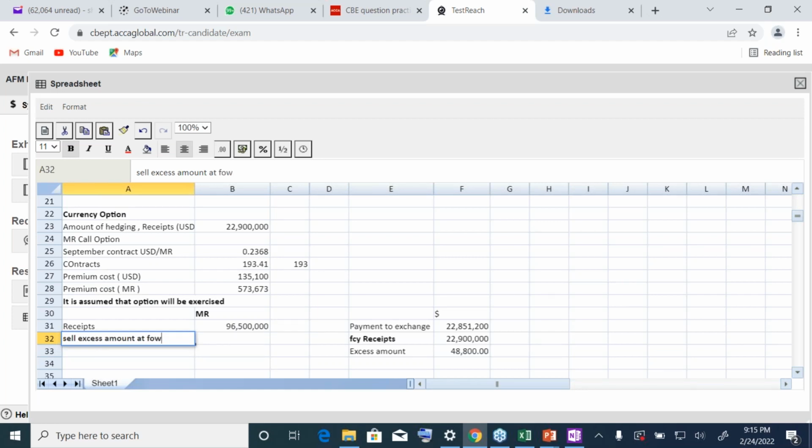If you are selling this amount at the forward rate, will you divide with the higher rate or the lower rate? Higher rate, 74.